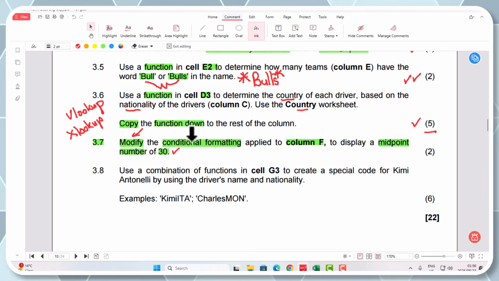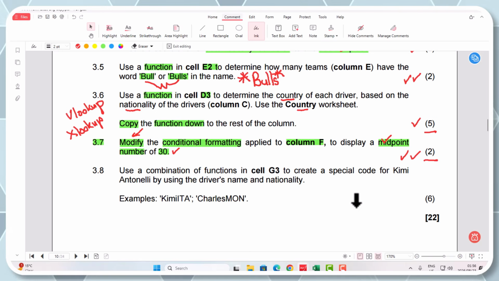So we modified it, yes, and we did the midpoint, and we did the 30, so that is 2 marks right there for me again. Are you guys happy with that? So guys, not always that difficult. You just got to read the question paper and understand what you're doing. So practice, practice, practice, practice.